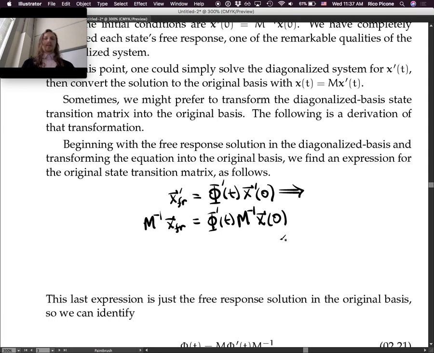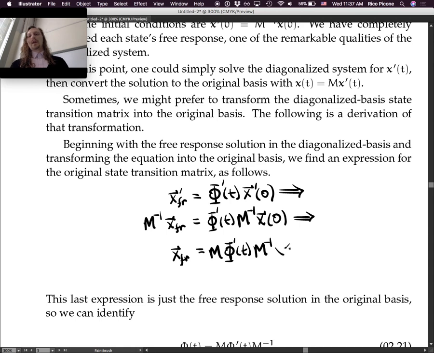Now, if we left multiply both sides by m, this m inverse drops out, right? Becomes the identity matrix. And we're left with x free on the left-hand side, m phi prime m inverse x of 0.